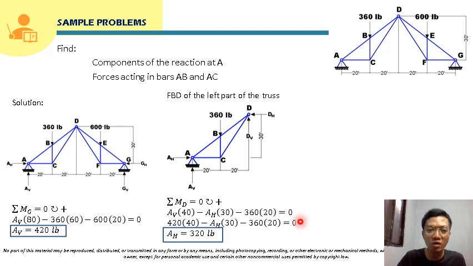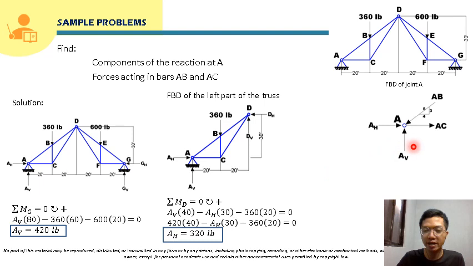Also, we have to solve for the forces acting at bars AB and AC. So we will apply the method of joints. This will be the free body diagram of joint A. So we have here AH and AV, and then AB here.